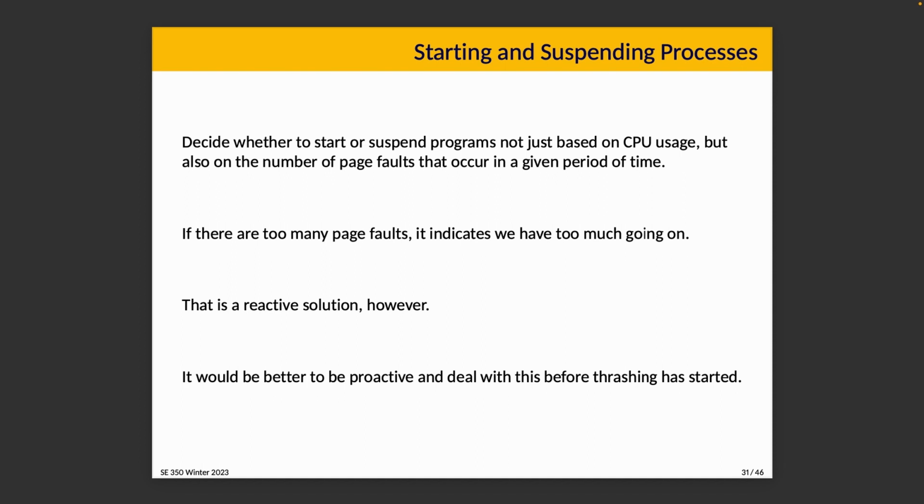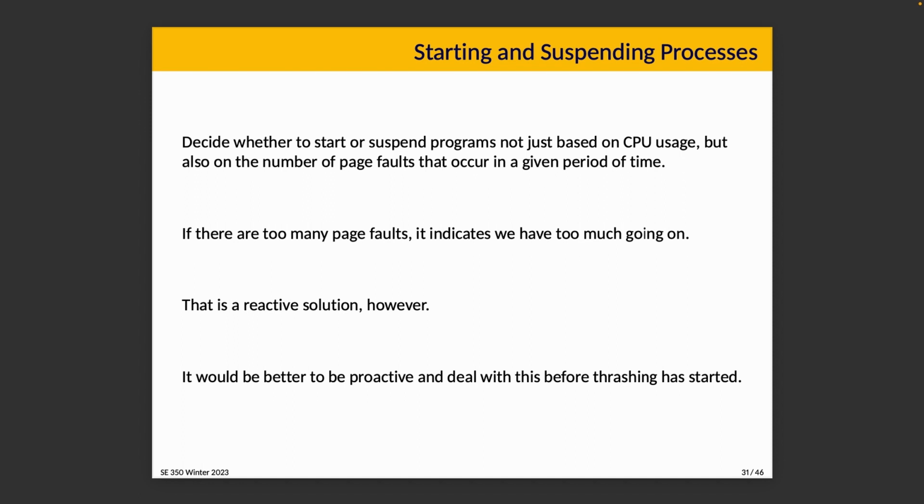In my own experience as a manager, I try to schedule all the meetings next to each other, so you don't get into some work and then I have to stop what I'm doing and attend a meeting, and then try to get back into the work afterwards. It's just difficult. So if there are too many page faults, it indicates we have too much going on.